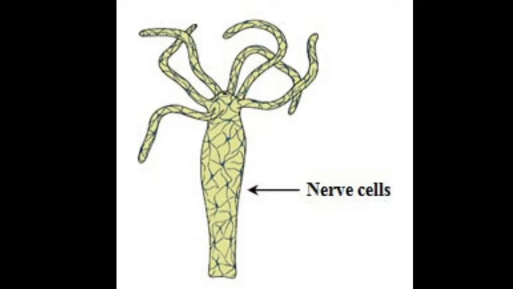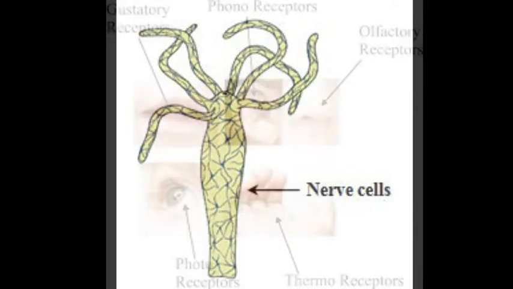These sense organs contain receptors, and a receptor is a cell in a sense organ which is sensitive to a particular type of stimulus, or a particular type of change in the environment, such as light, sound, smell, taste, heat, pressure.